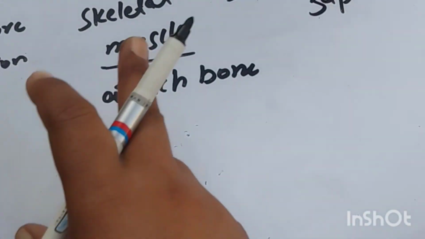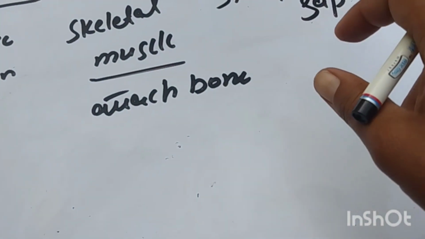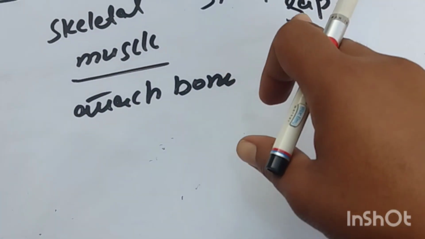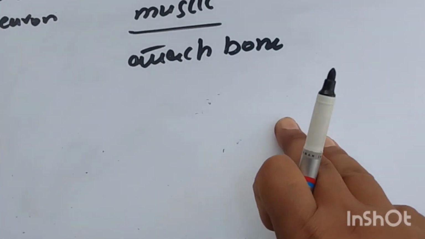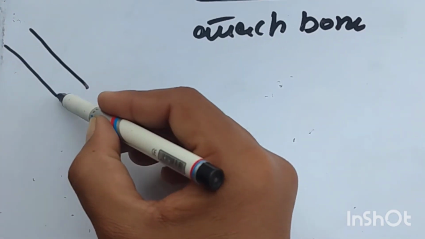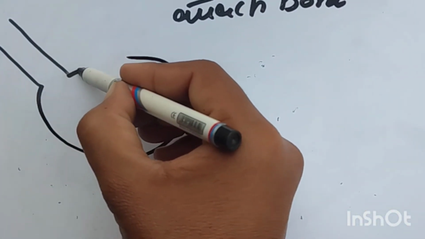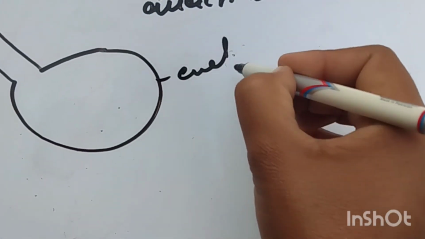So the motor neuron contracts our skeletal muscles in the presence of the synaptic gap. The synaptic gap is a junction. So first we draw the structure of the motor neuron. This is the motor neuron axon, and the terminal end of the motor neuron is called the end bulb.